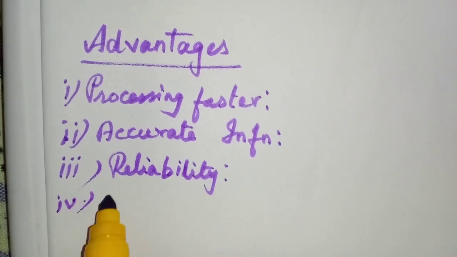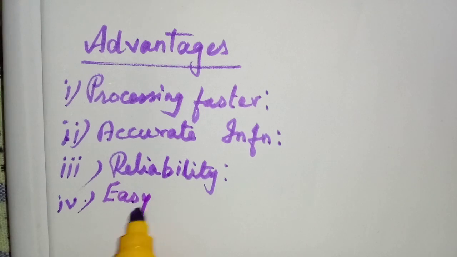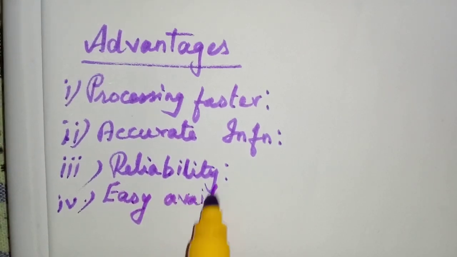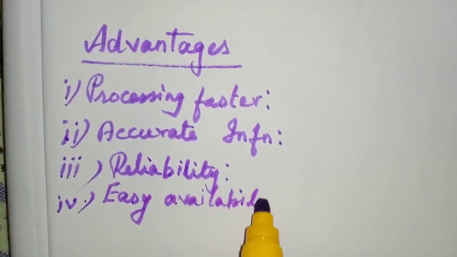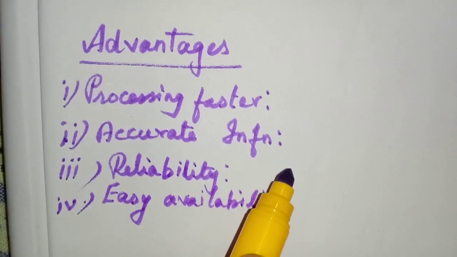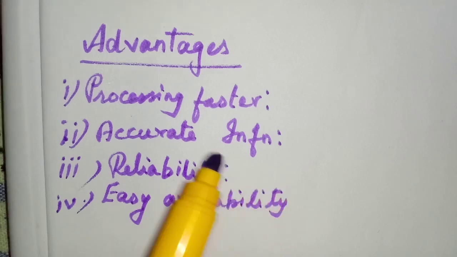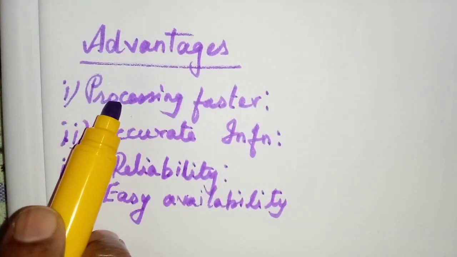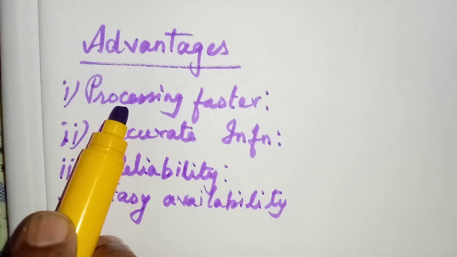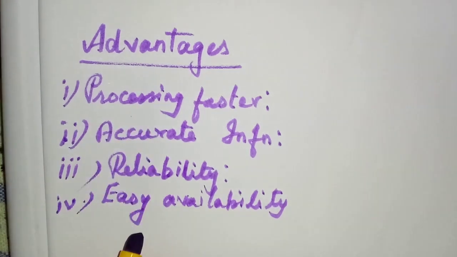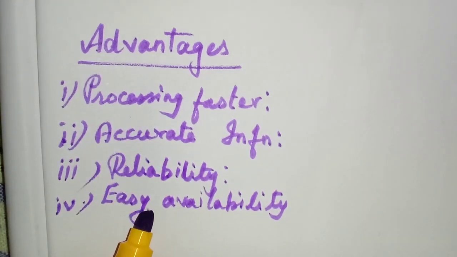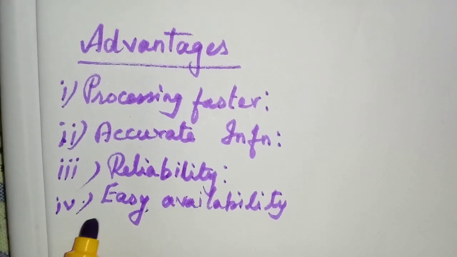And easy availability of information. The information will be available very easily, because from the first advantage we have seen, the information will be very fast, and whenever we need the information we can get it from the computer, and that information is transferable to any person.